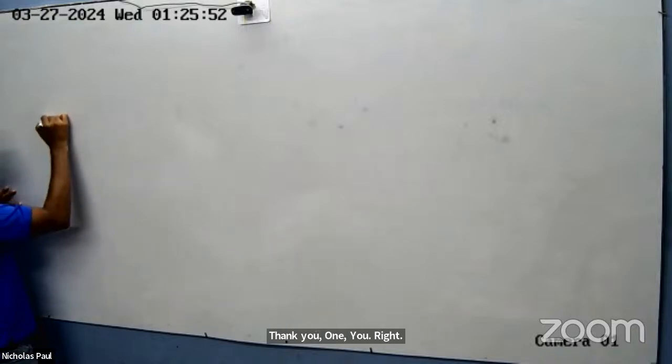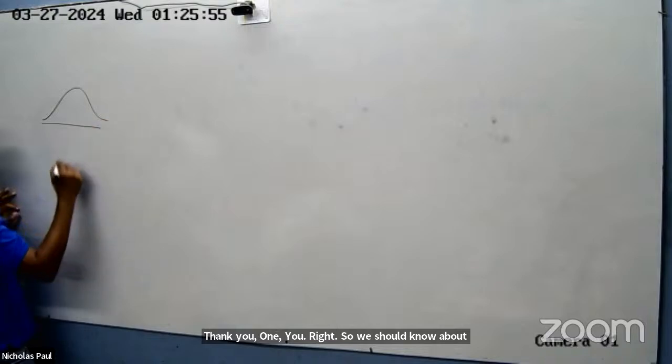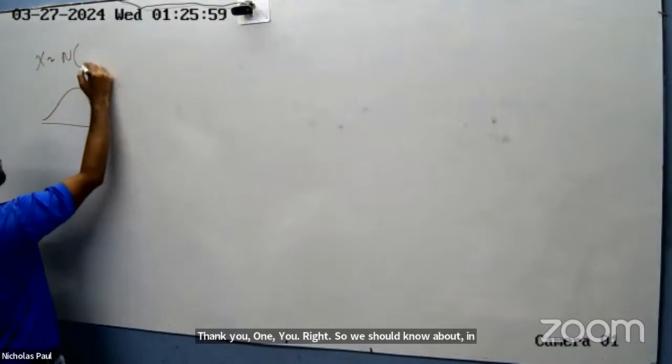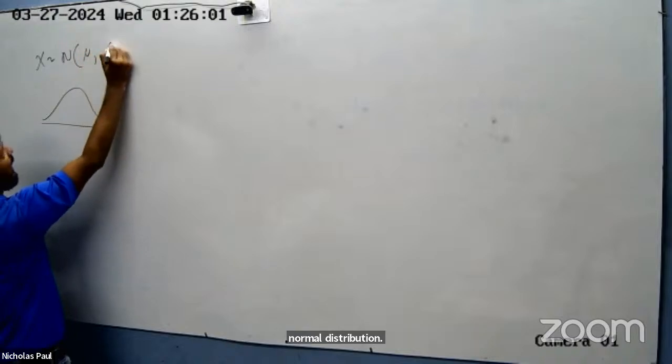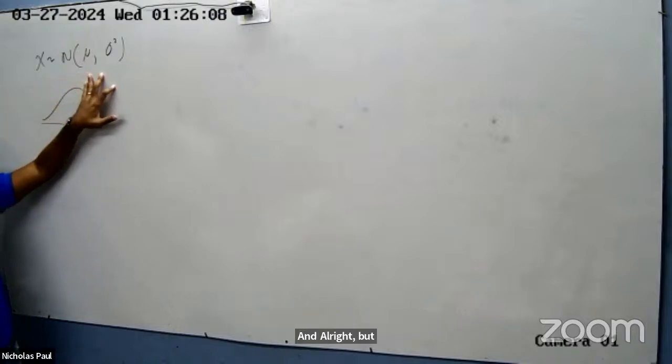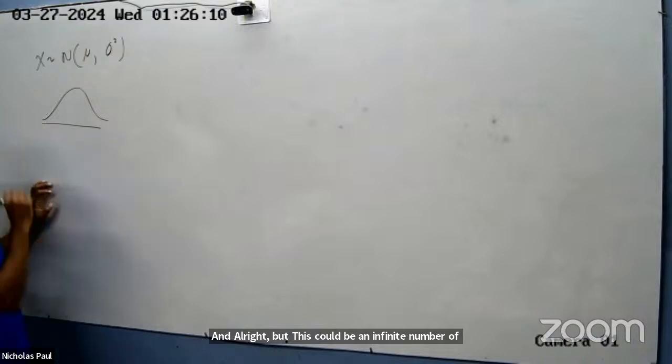Right, so we should know about the normal distribution. The parameters for the normal distribution are mu and variance. But this could be an infinite number of distributions. So what they did is they standardize it.